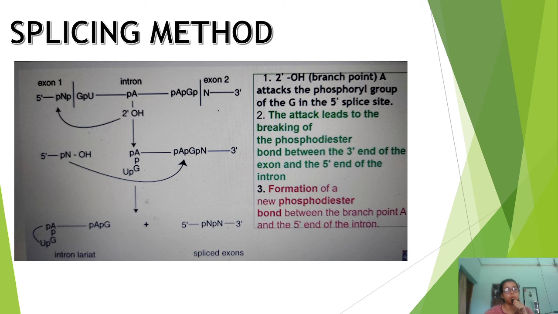Next, moving on to the splicing method. I also discussed this in the last video: the intron's branch point, which has a 2' OH end, makes a nucleophilic attack on the 5' splice site. The 5' splice site then gets detached, a phosphodiester bond is broken, and the OH formed at the 5' region attacks the 3' splice site.